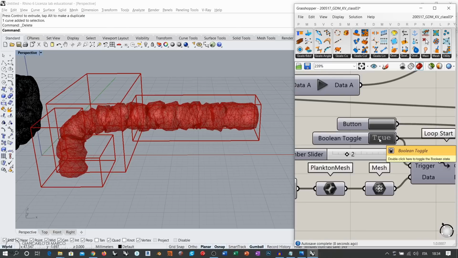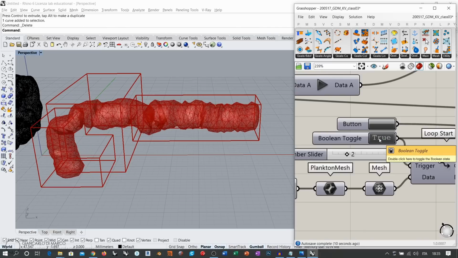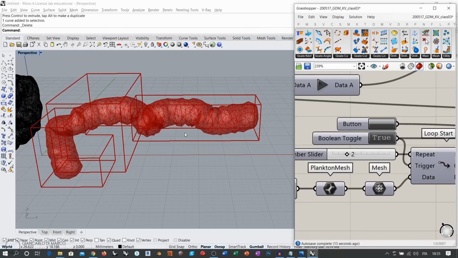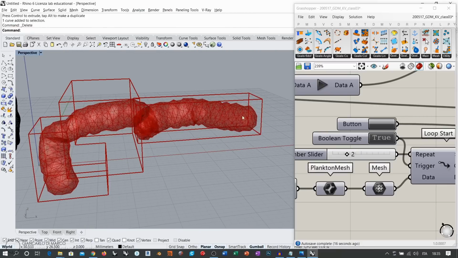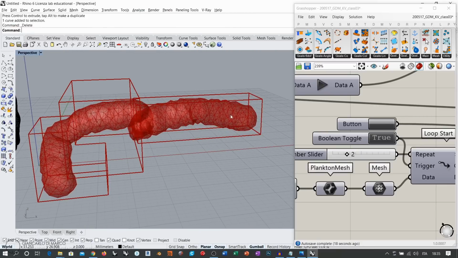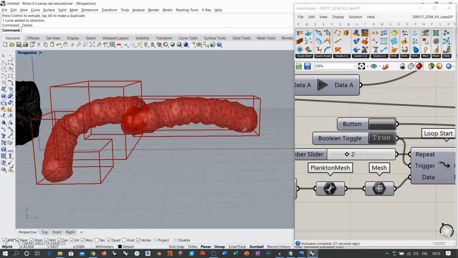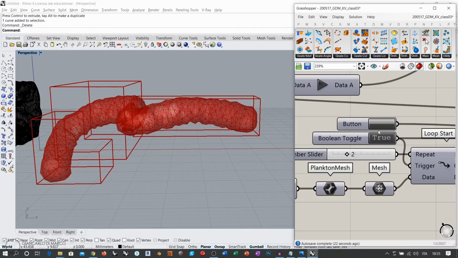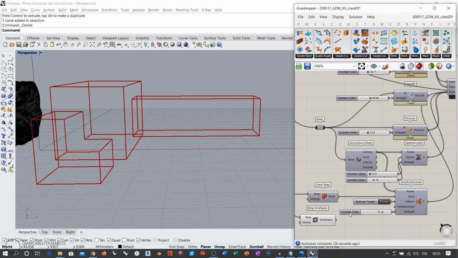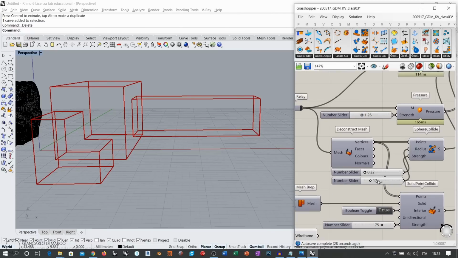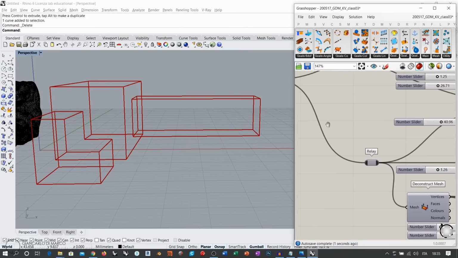So you see that everything starts to work a little more properly in this case. There is some self-intersection going on here. That's because we already reached the bottom of this box. I would say that this sphere collider is also not working properly at this moment, so let's increase its strength.